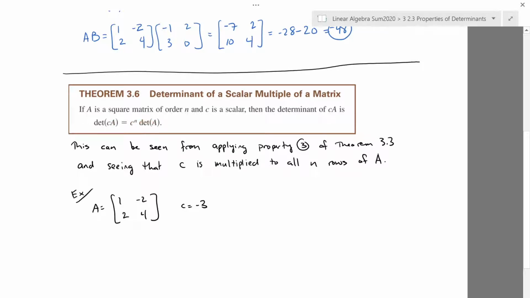The reason you don't just multiply by the constant, but take the constant to the nth power, is from property 3 in theorem 3.3: if you multiply a single row in a matrix by a constant, then the determinant changes by a factor of that constant. And so if you multiply that constant to all of the n rows of A, then the determinant changes by a factor of c to the n.